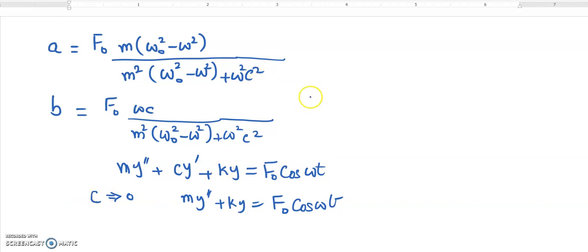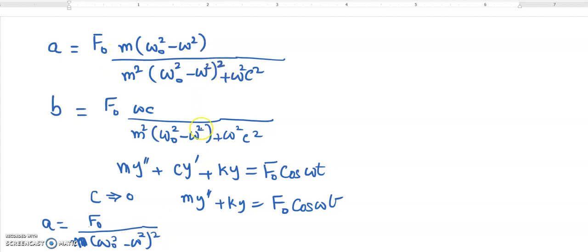So in this case, when c is 0, a will become this: the c term will vanish, and then m and m will also cancel out, so m will remain in the denominator. So a will be f naught over m times omega naught squared minus omega squared.